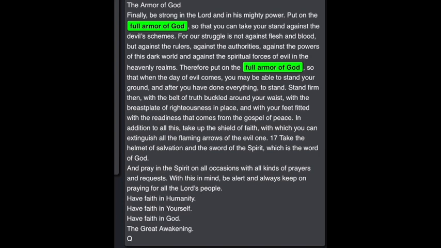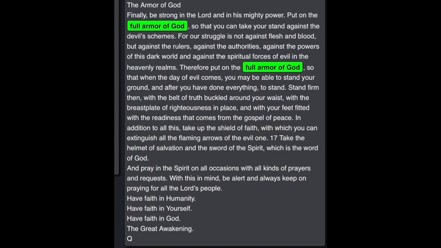The armor of God. Finally, be strong in the Lord and his mighty power. Put on the full armor of God so that you can take your stand against the devil's schemes. For our struggle is not against flesh and blood, but against the rulers, against the authorities, against the powers of this dark world, and against the spiritual forces of evil in the heavenly realms.